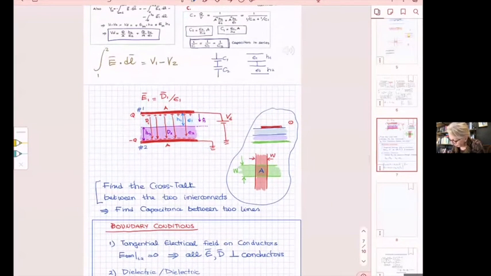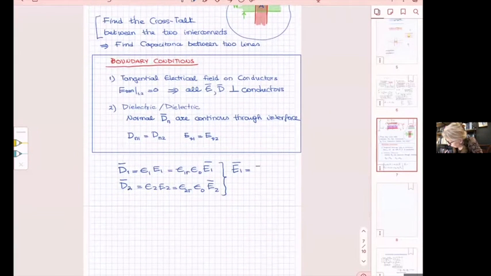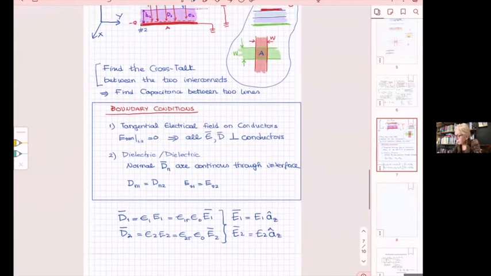For example, I can develop here a Cartesian coordinate system. This is Z, I can make this Y, and I can make this X if you like. And then we know that this is E1 aZ, and E2 is E2 aZ. Okay, so now we put down everything that we know.